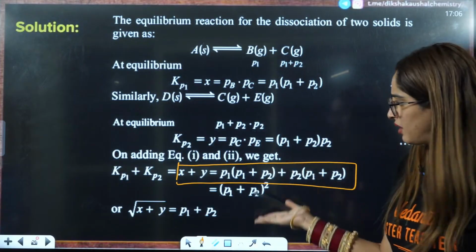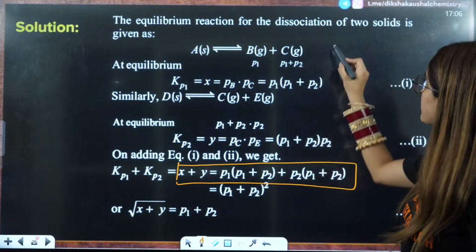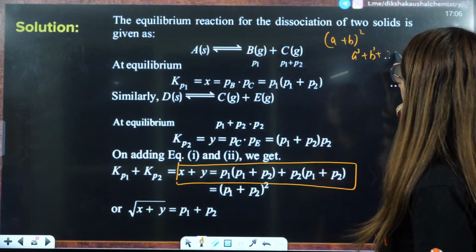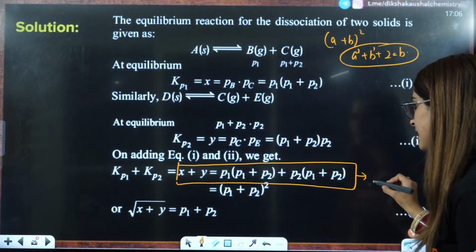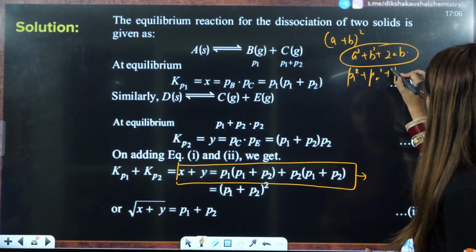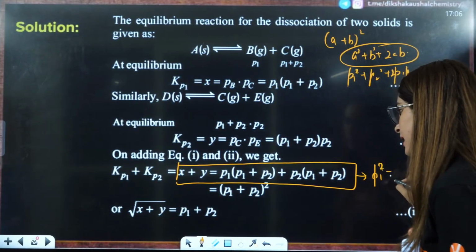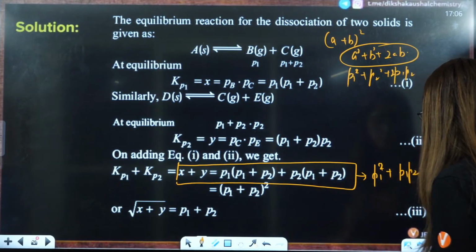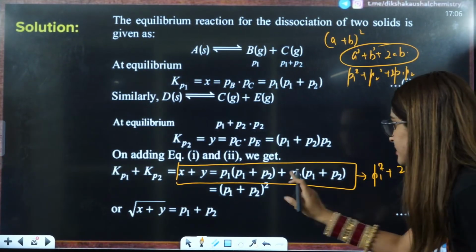Then you have to apply mathematics here. That will be P1 plus P2 whole square, because A plus B whole square is A square plus B square plus 2AB, right? So this is what they have written. You can write it in the same way: P1 square plus P1 into P2, plus P1 into P2, that will become 2 into P1 P2, plus P2 square.